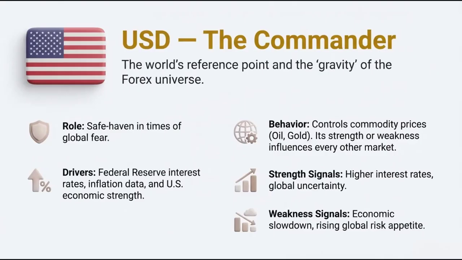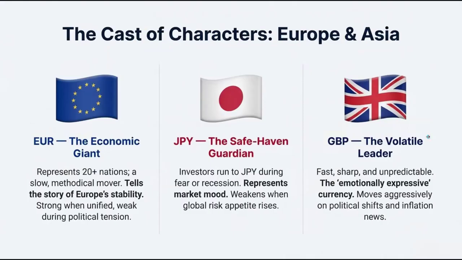Strength signals higher interest rates and global uncertainty. Weakness signals economic slowdown and rising global risk appetite. We'll talk about that more when we cover risk on, risk off. Then we have Europe and Asia. EUR, the economic giant, represents 20-plus nations, a slow, methodical mover.